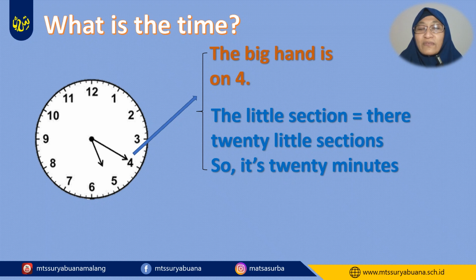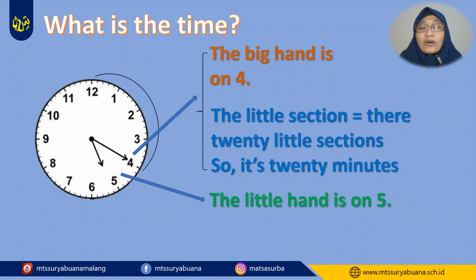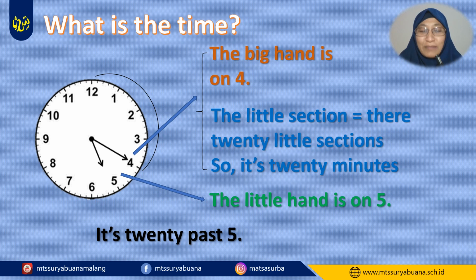Because it's on number 4, it's 20 minutes. Now, look at the little hand. The little hand here is on number 5. So, it's 20 past 5. Remember, the way to read the time is by saying the minute first and then after that, the hour.